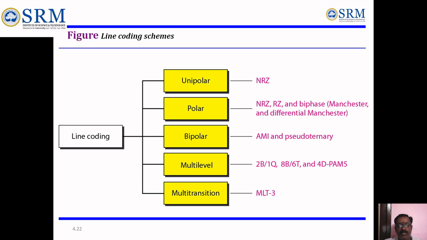Polar has non-return to zero, return to zero, and biphase, that is Manchester and differential Manchester encoding. Bipolar has AMI and pseudo-ternary. Multi-level has 2B1Q, 8B6T and 4D-PAM5 techniques. Multi-transition has the MLT-3 method.